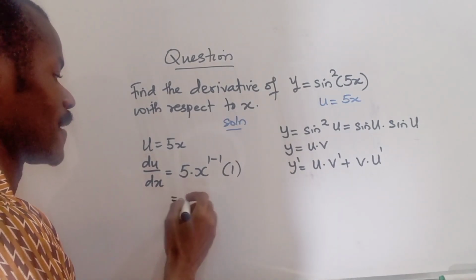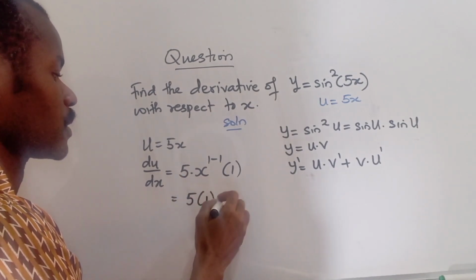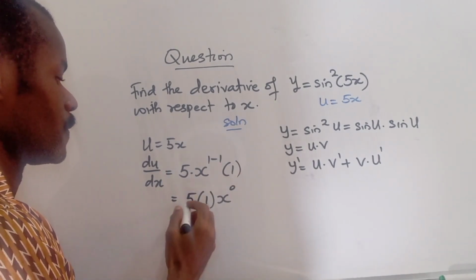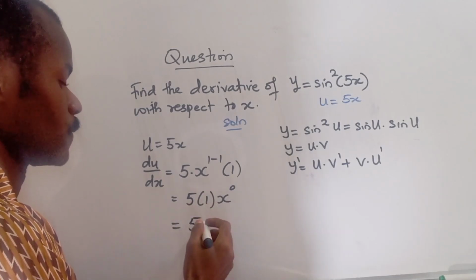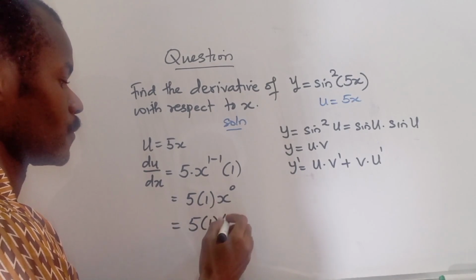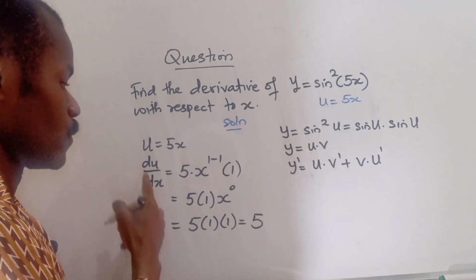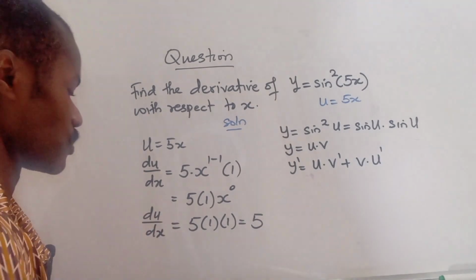So we have 5 times 1, x to the power of 0, which is 5 times 1 times 1. This is also 1. So all this is going to give us 5. So we want to take note of du over dx.